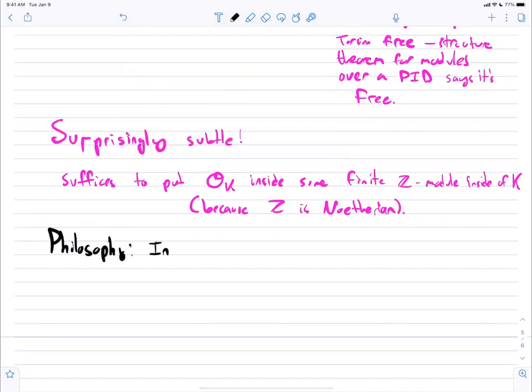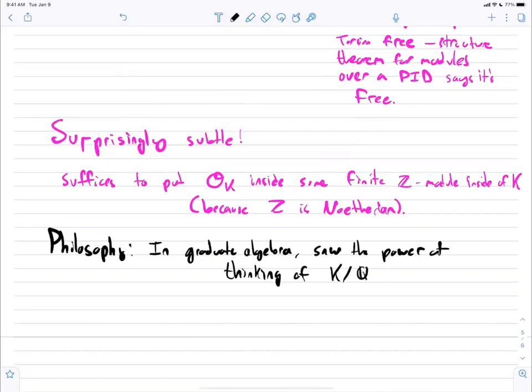In your graduate algebra or undergraduate algebra, any algebra class, hopefully you saw the power of thinking of a field extension as a vector space.